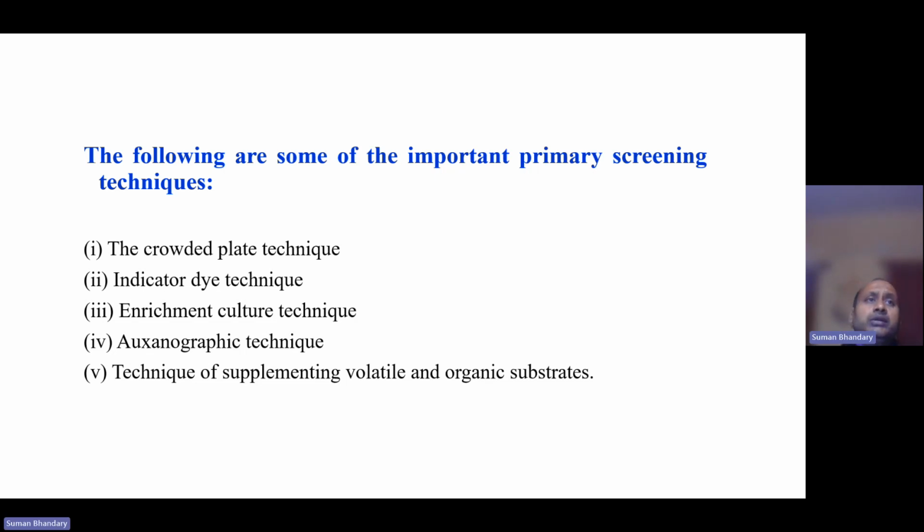Now, one by one, we will discuss each of the techniques.